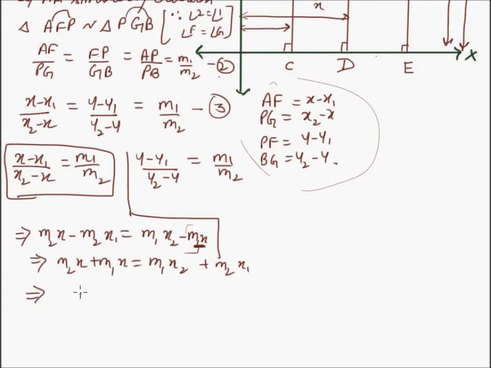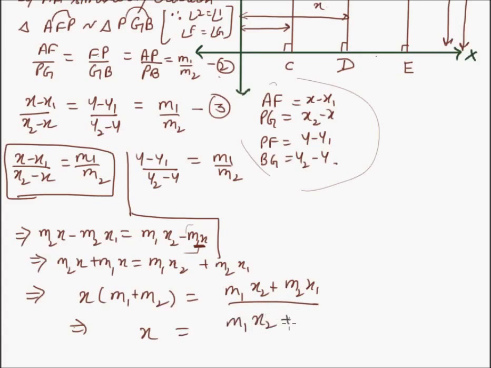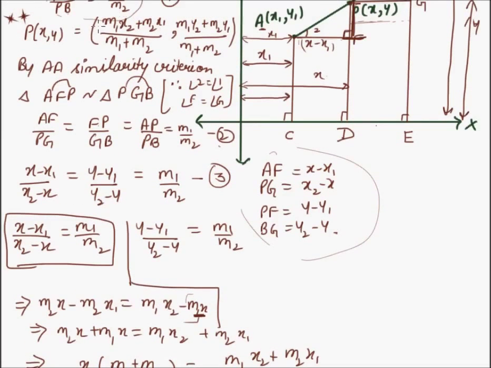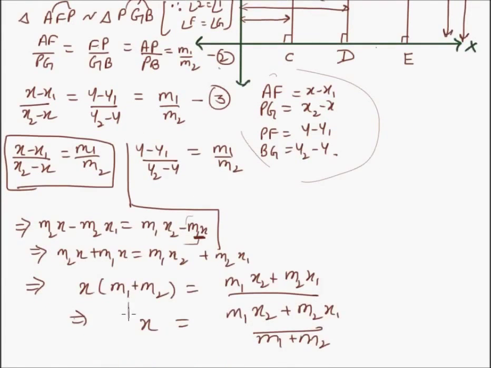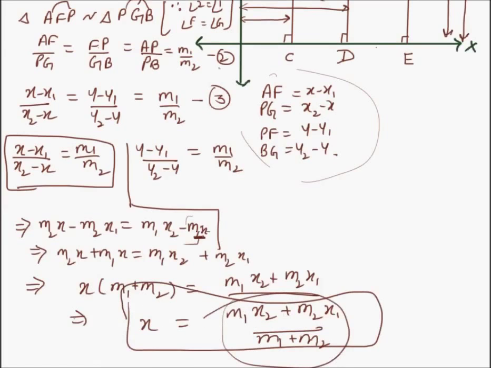Or we have x(m1 plus m2) is equal to m1x2 plus m2x1. Or x is equal to (m1x2 plus m2x1) over (m1 plus m2). Thus we get this part, so the x coordinate is equal to this fraction.